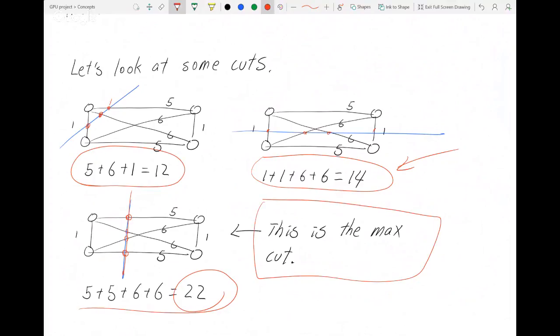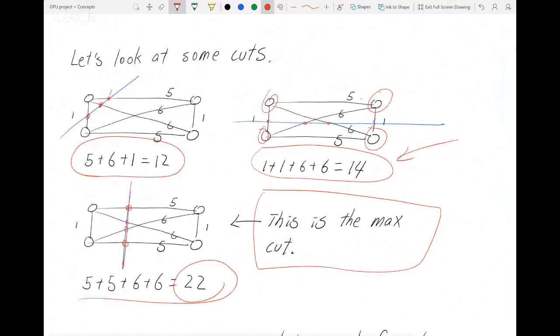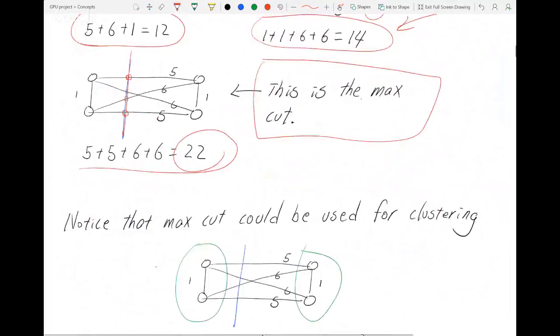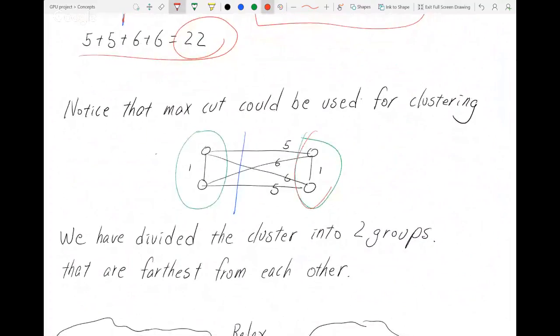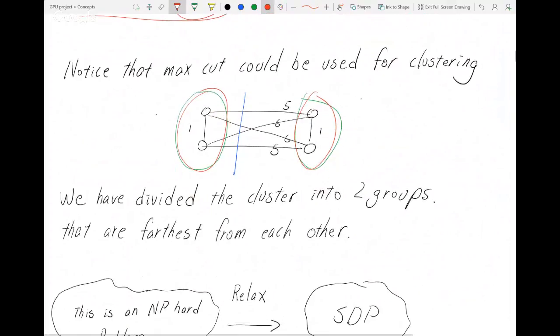You can imagine as we get more and more nodes, instead of just 4, there are a lot of combinations which you can do to cut. This is also very useful for clustering. Obviously, you want to separate things into 2 groups such that their distance is maximized. That's basically clustering.